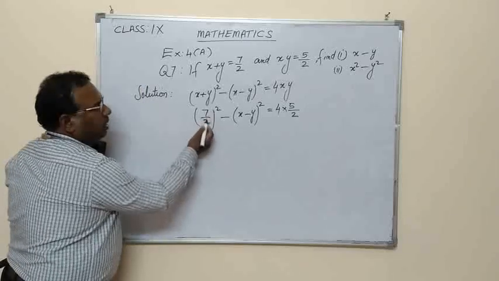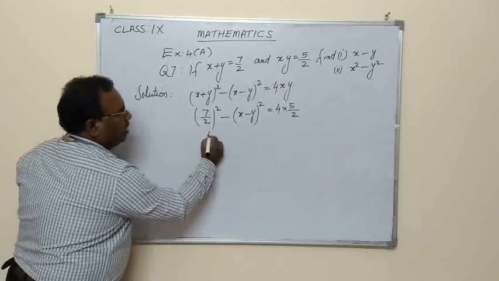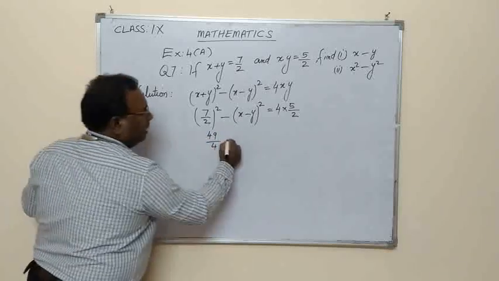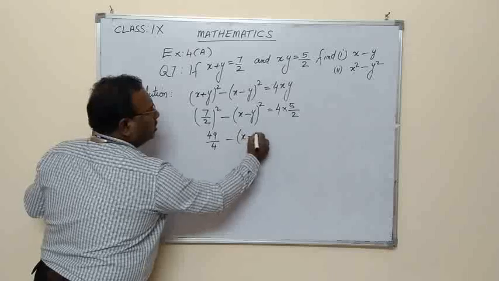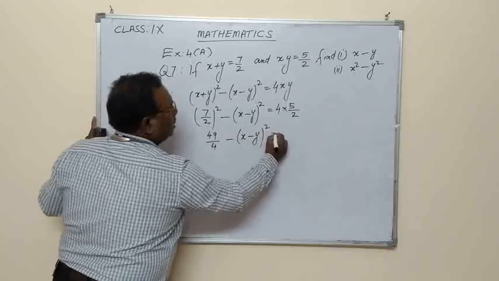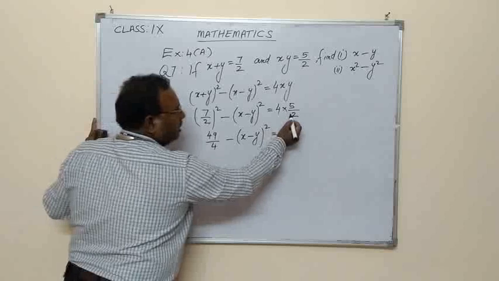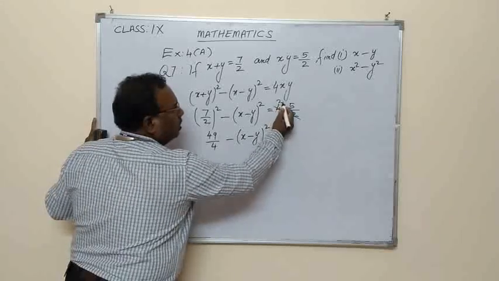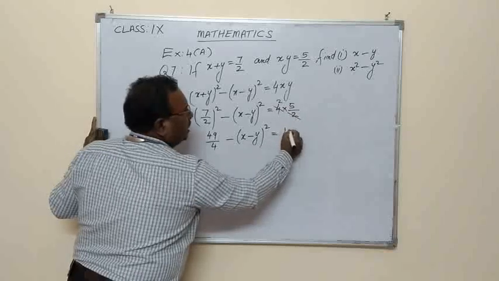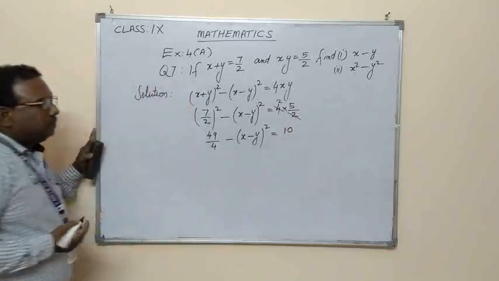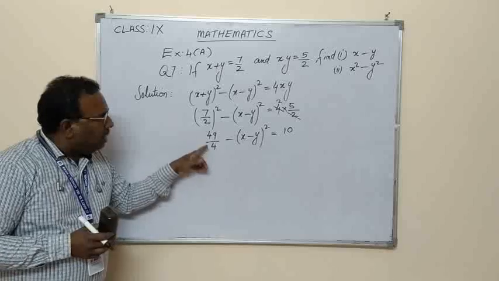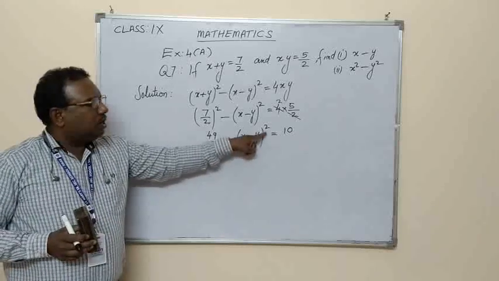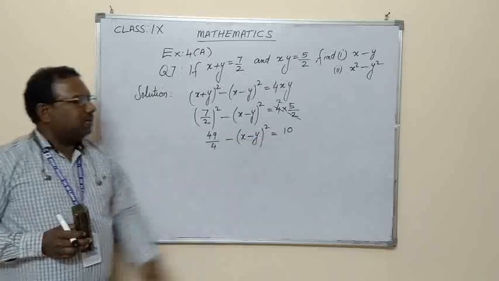After squaring 7 by 2, we get 49 by 4 minus (x minus y) whole square is equal to, cancelling 4 by 2, it is 2, and 2 into 5 is equal to 10. So we get 49 by 4 minus (x minus y) whole square is equal to plus 10.